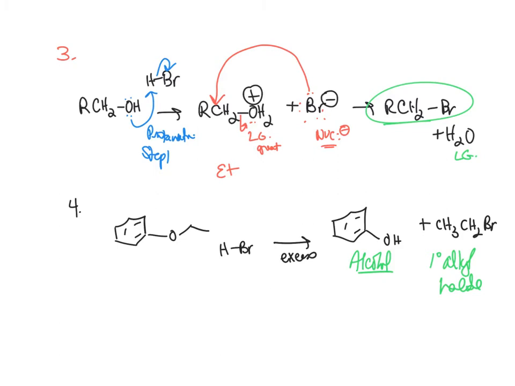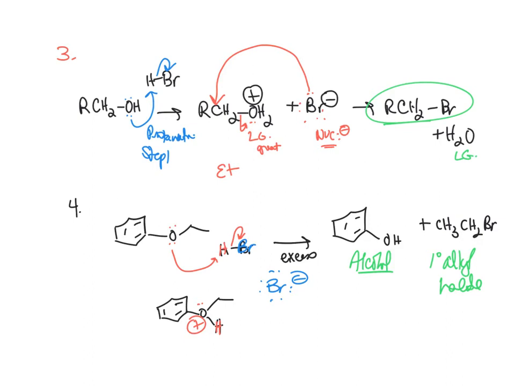Draw the mechanism above using curved arrows to show the electron flow movement. Okay, so always the first thing that happens with the oxygen is protonation. Okay, so now we get the bromide, and we get a protonated ether. Okay, make sure you get your formal charge.